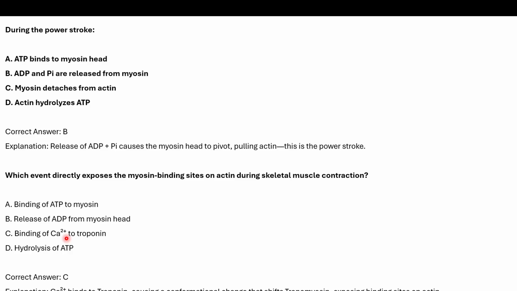Upon binding of calcium to TnC or troponin C, eventually there is a change in the conformation of tropomyosin and hence it exposes the myosin binding sites on actin. The grip on the actin filament loosens and hence it exposes the myosin binding sites, and this overall process requires the usage of 1 ATP molecule.